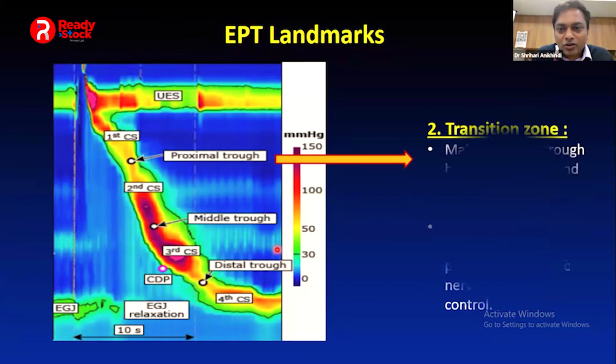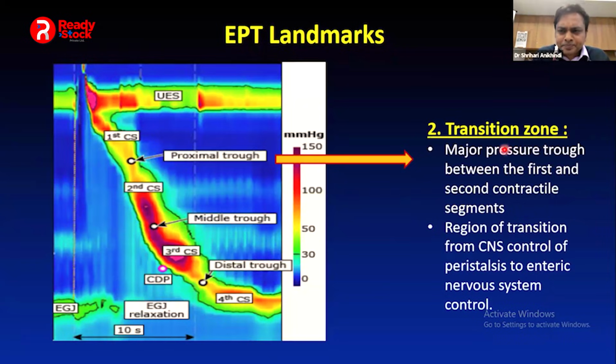Then comes something called the transition zone. So we all know that in the esophagus, the upper one third of the esophagus is skeletal muscle, okay, which has direct innervation from the vagus. And the lower two thirds of the esophagus is smooth muscle. This has an independent control. It has an autonomous control. So basically, when the peristalsis is going from top to the bottom, there is a transition zone where you see that the pressures are going down.